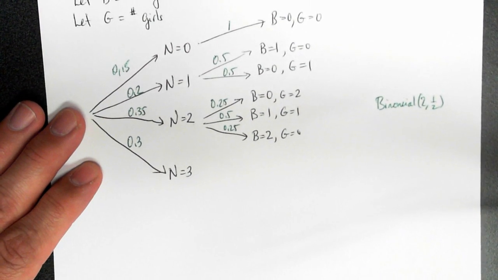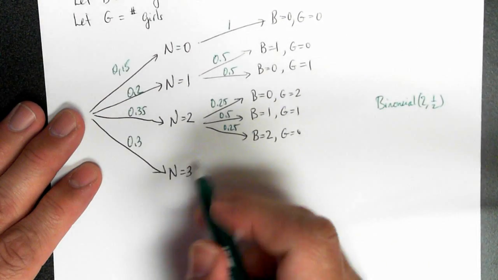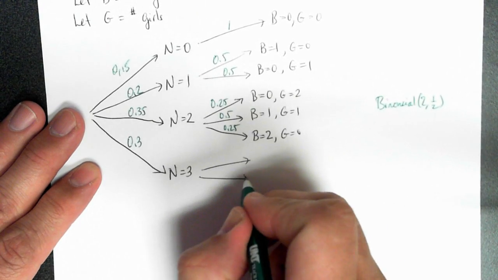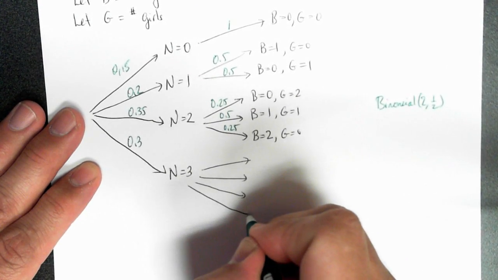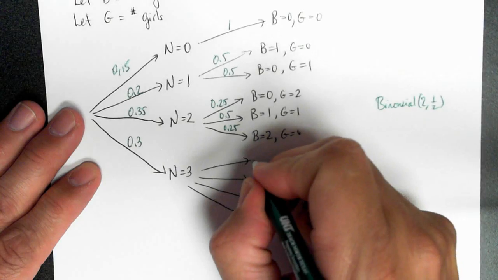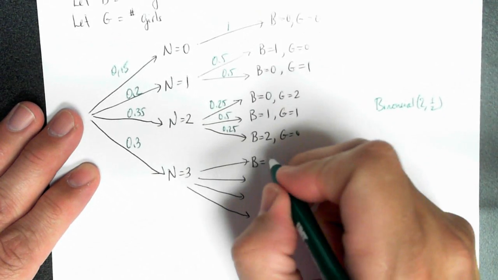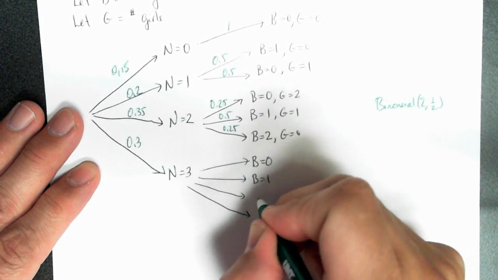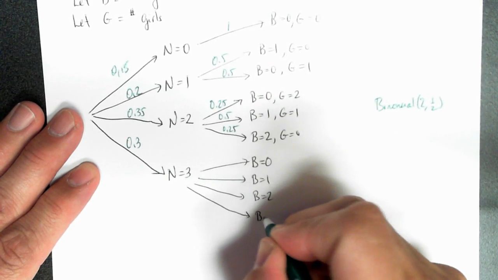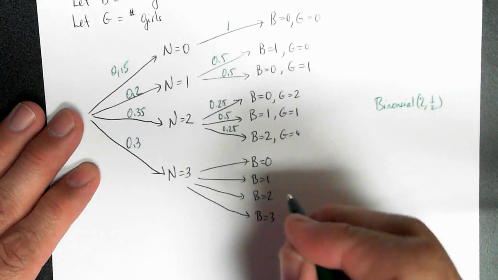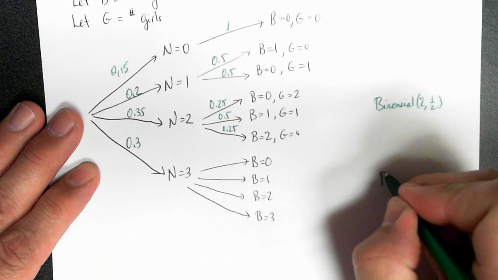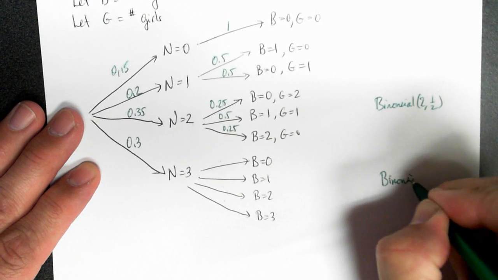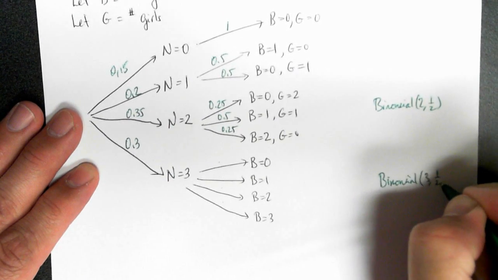And lastly, if there are 3 children in the family, then once again the number of boys follows a binomial distribution. The number of boys could be 0, 1, 2, or 3, with parameters 3 and 1/2.